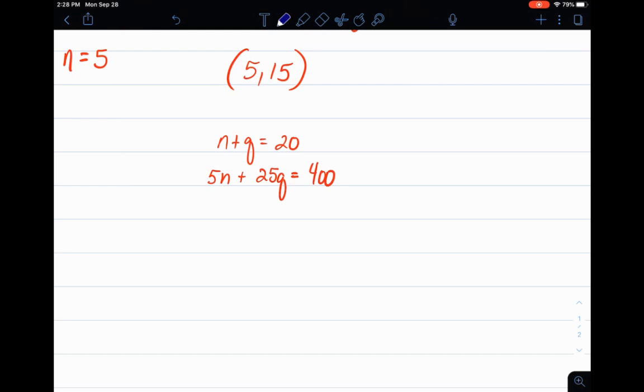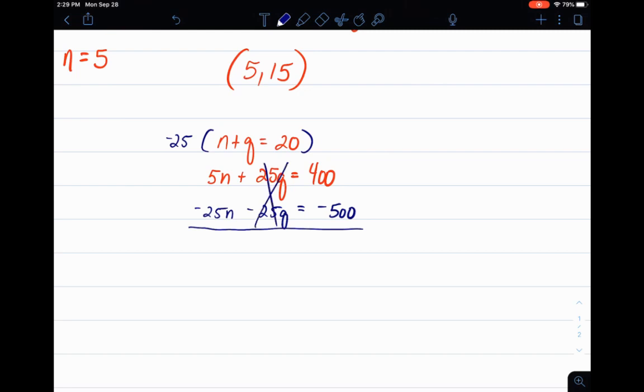Negative 25. Okay, so negative 25. And I would get negative 25n minus 25q equals negative 500.